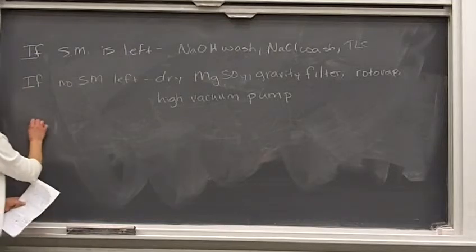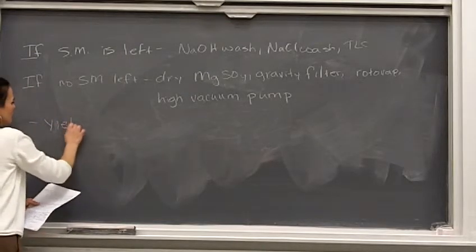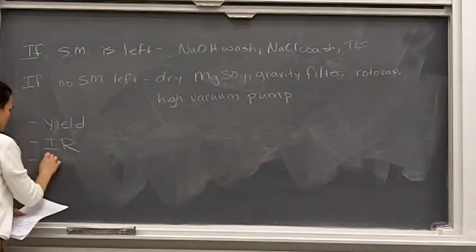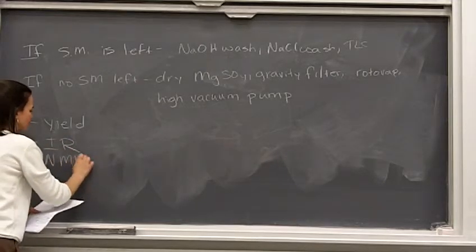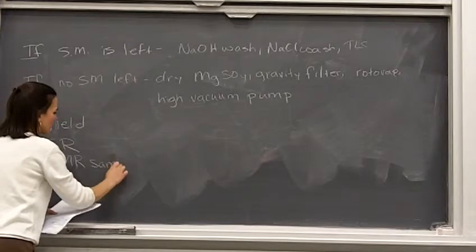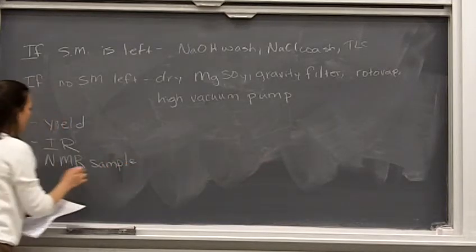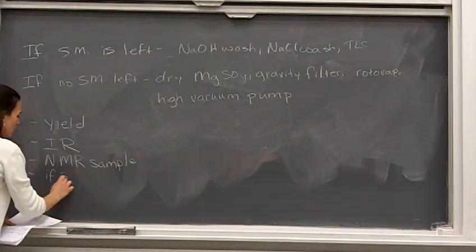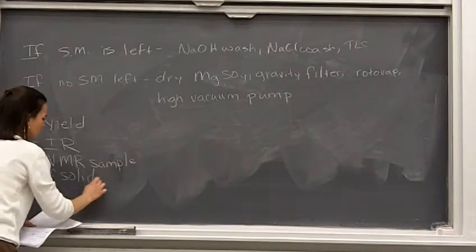Then for analysis, you'll need yield. You'll need to collect an IR spectrum. You'll need to make an NMR sample, so remember to clean out your NMR tubes. And if you have a solid, then you need a melting point.